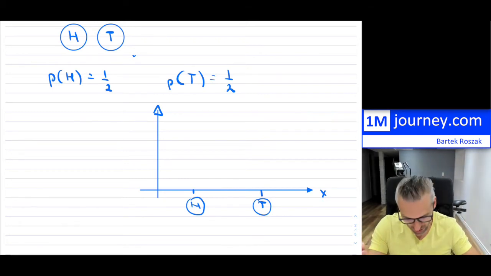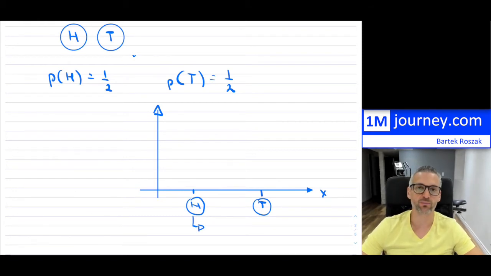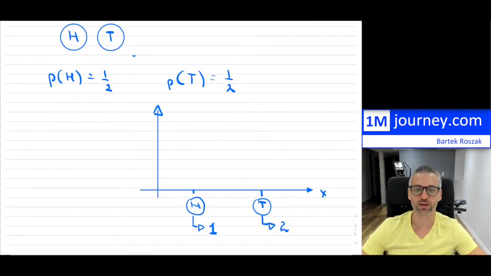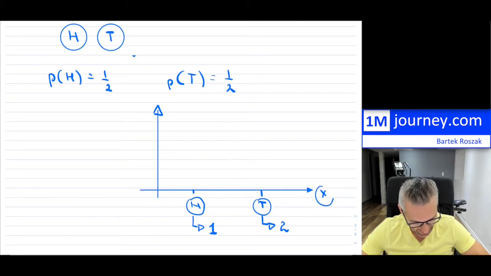But most of the time, we will map this out into a number. So we'll say that maybe heads we designate as a 1, if it falls on heads, and if it's a tails, we designate that it falls on a 2. But that is arbitrary. You could have said heads is 0, or heads is -1 and tails is +1. You map it because we would like to have these as actual numbers.